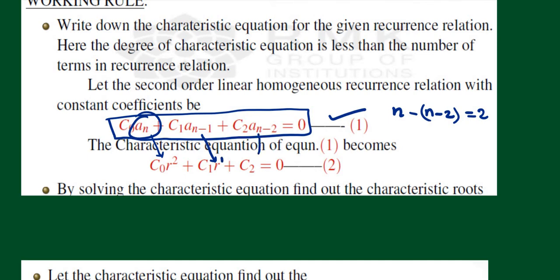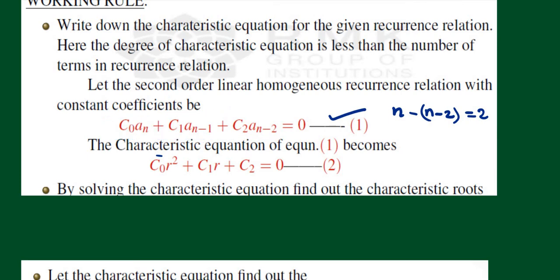One more term should be reduced: this is r power 0, but r power 0 is 1, so there is no need to write it. So this is the idea for finding the characteristic equation of the given recurrence relation.